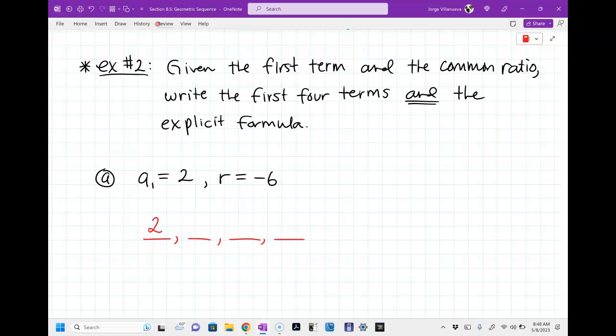So 2 times -6, that's -12. -12 times -6 is 72. 72 times -6, so you can put it over here. What do we get? That's -432. It has to be negative because I'm multiplying it by -6. Okay?